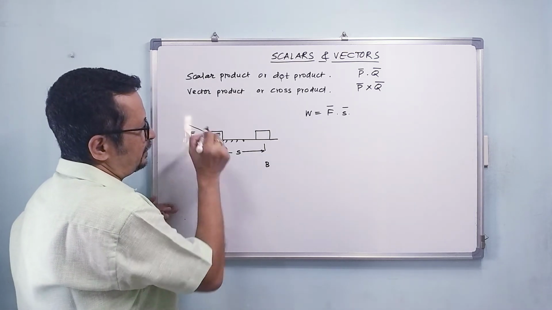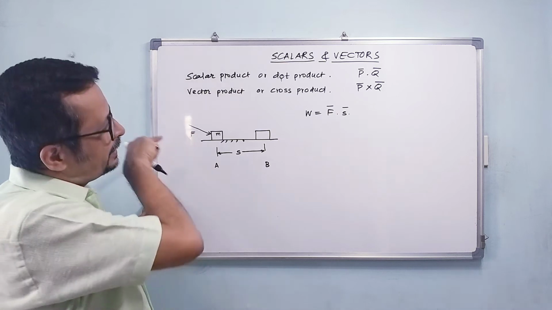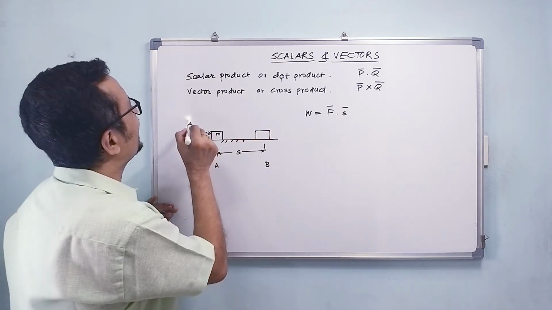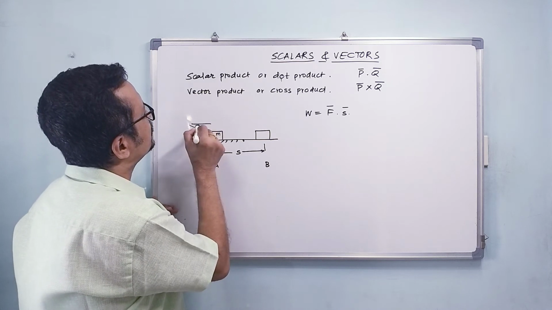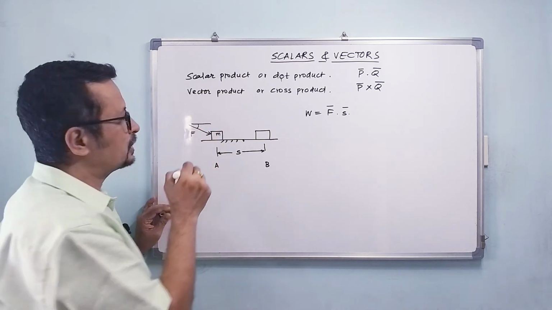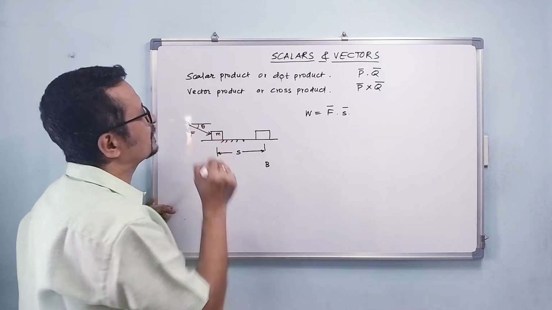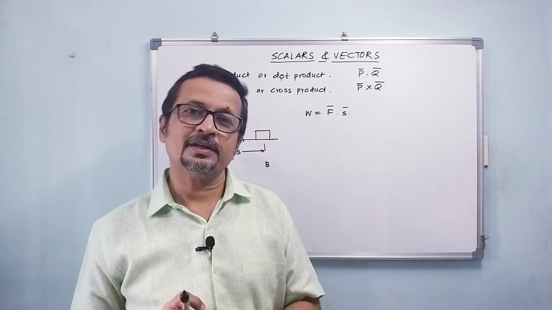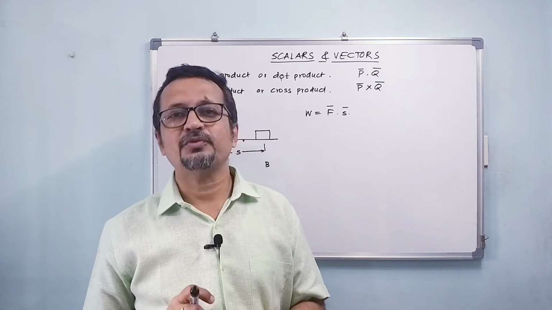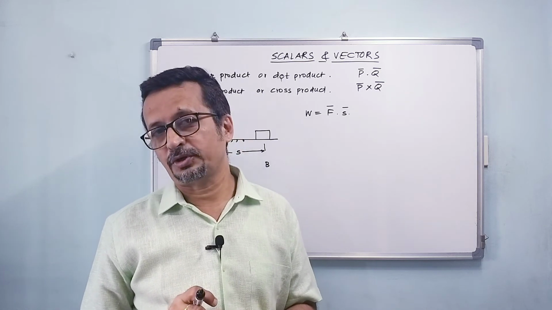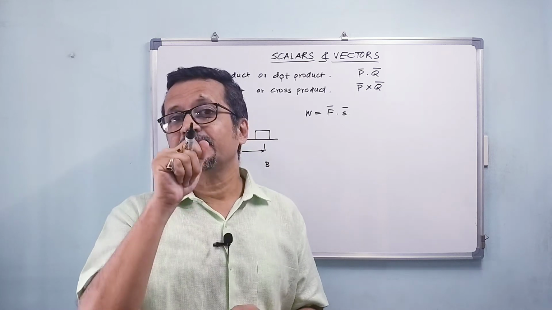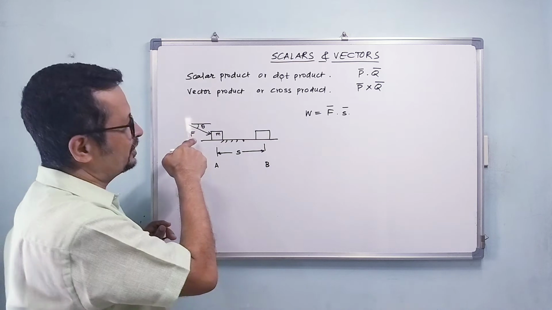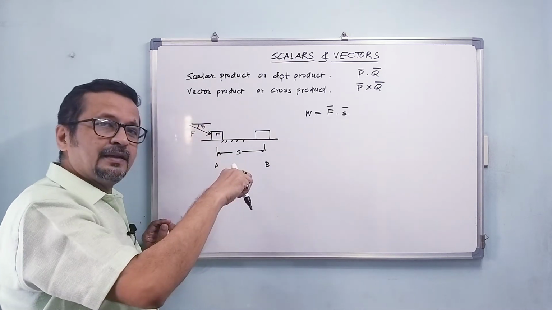Now you see here, is the force acting along the horizontal? No, it is acting at an angle. And what is the angle made by this force with the horizontal? This angle is theta, correct? And how did I define work? I said work is said to be done when a force acts on a body and produces a displacement in its own direction. Now just see, this force is acting at an angle.